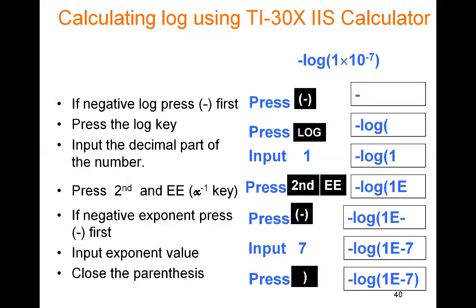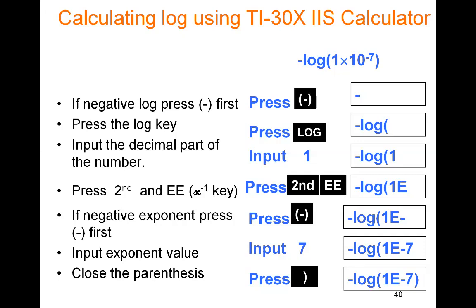Then you need to find the log key in your calculator. In this TI-30X IIS calculator, it's in the upper left corner, just below the second function key. Log is the logarithmic function base 10. Don't use the ln or natural log. It's not the correct one. You want to see log.